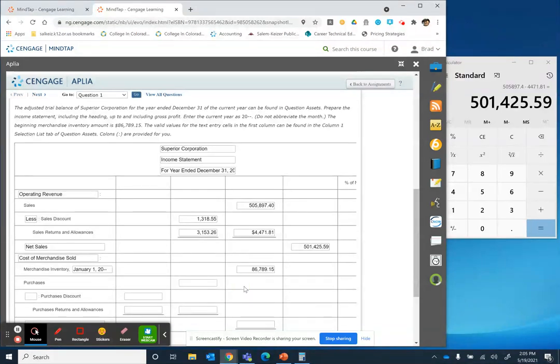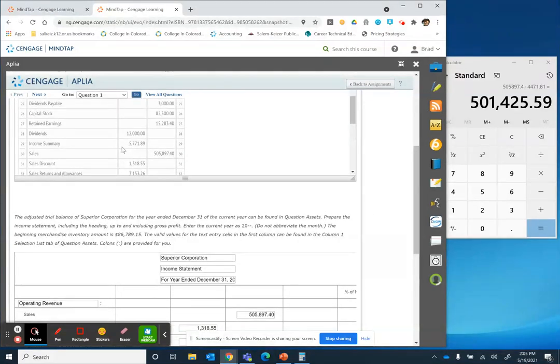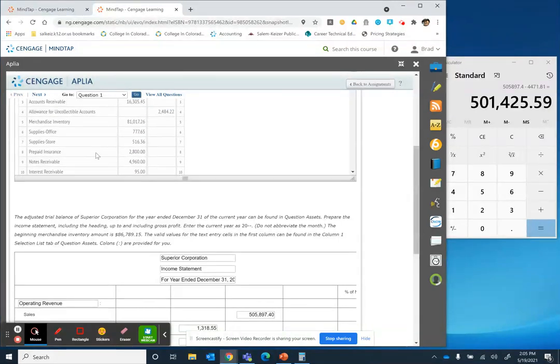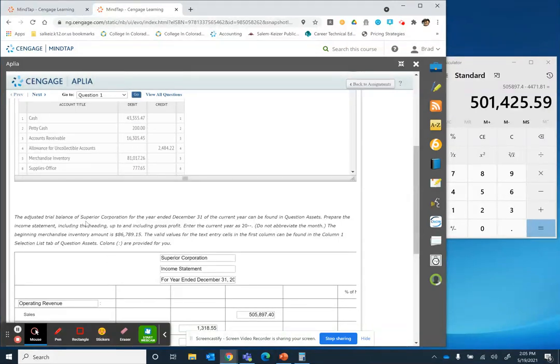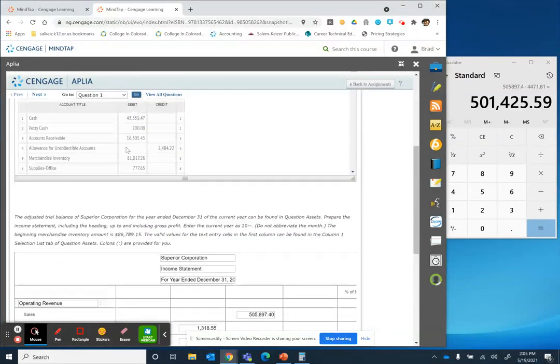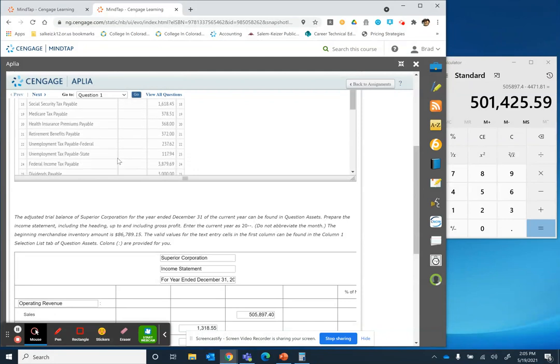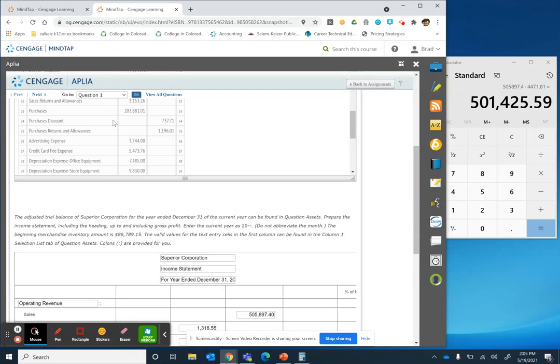Great. And then we're going to find our purchases for the year, up in our adjusted trial balance. There's purchases, $203,881.01.